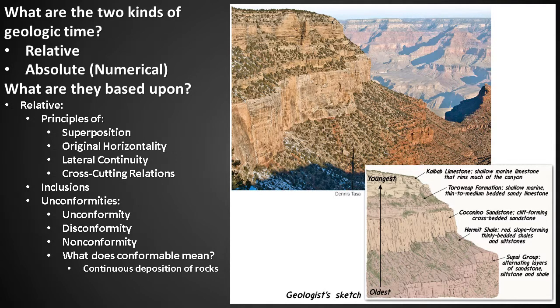Yes, relative time is based upon the principles of superposition, original horizontality, lateral continuity, and cross-cutting relations. It's based on inclusions, and it's based on unconformities, which include the angular unconformity, the disconformity, and the nonconformity. What does conformable mean? The continuous deposition of rocks.